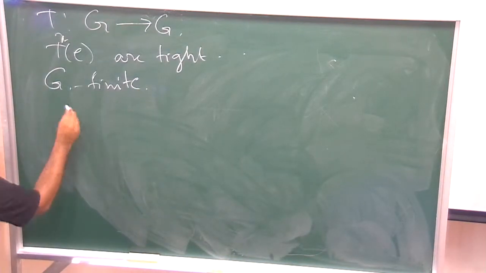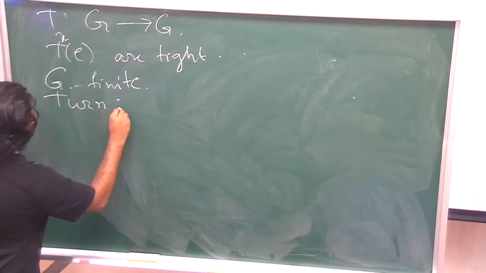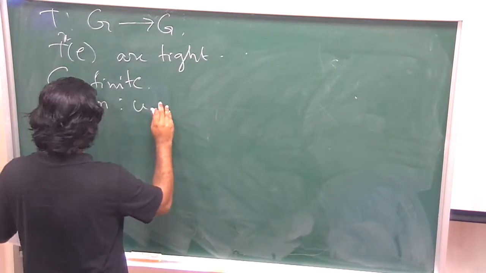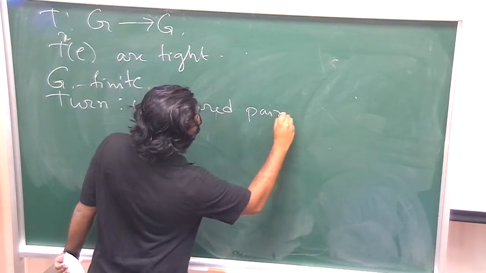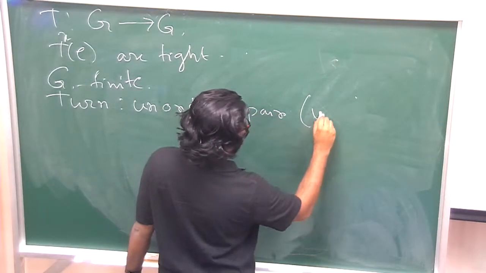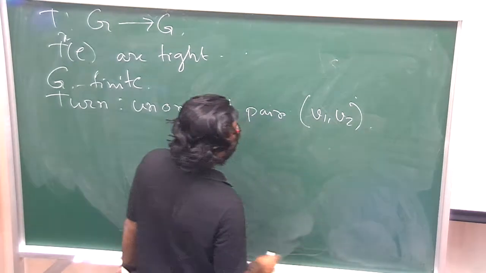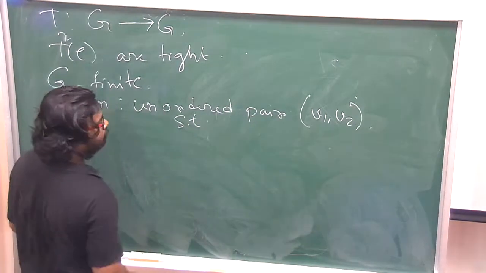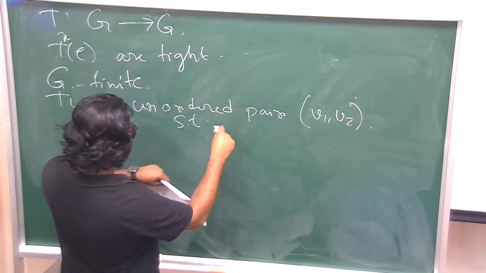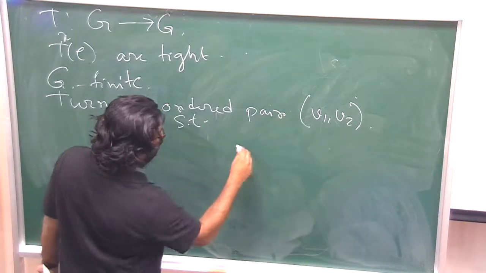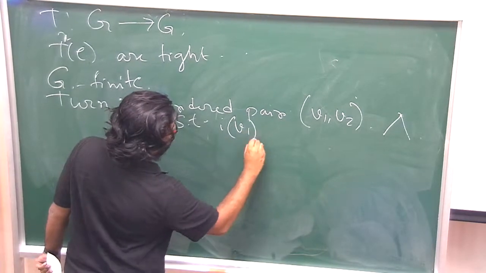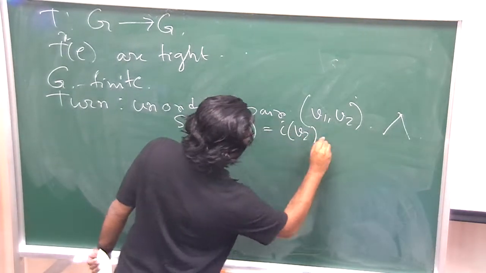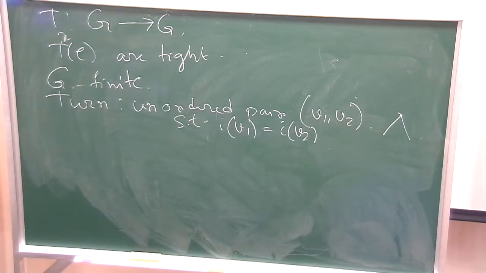Okay, so a turn is an unordered pair of edges, suppose V1 and V2, such that both of them are taking birth from the same vertex, like this. So initial of V1 is initial of V2. That's called a turn.